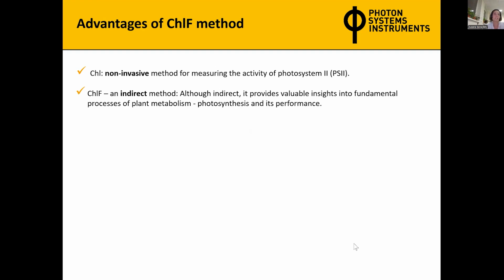Even though chlorophyll fluorescence is indirect, it can provide valuable information about photosynthesis, and photosynthesis is a fundamental process in plants and in photosynthetic materials. So it gives you information about the most important process in plants.